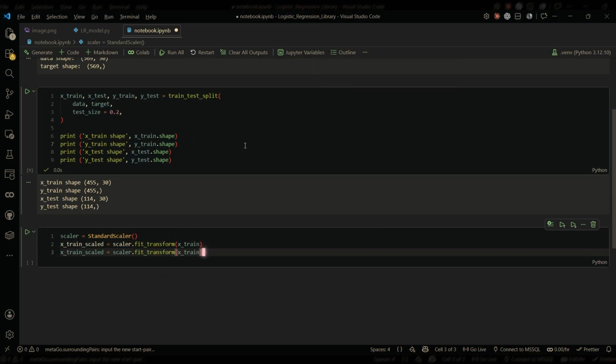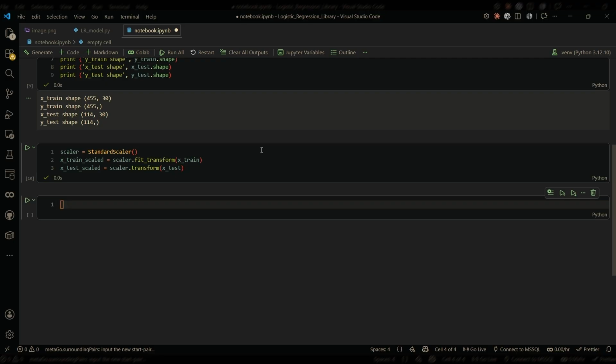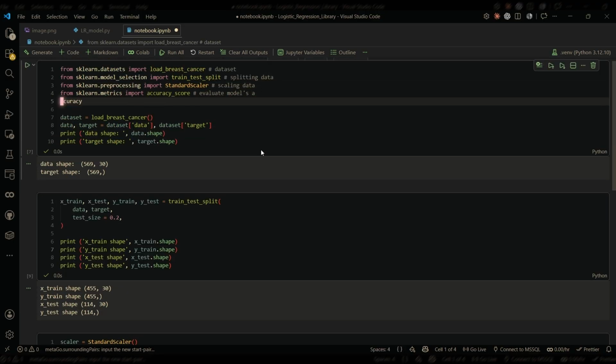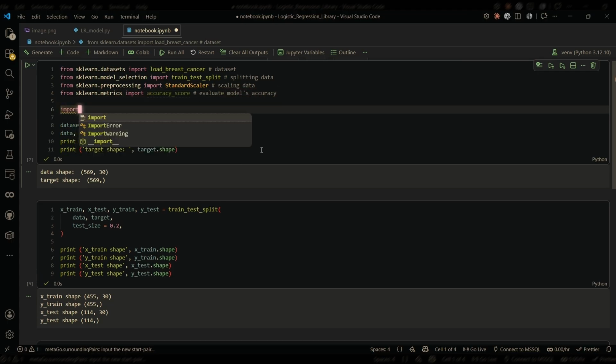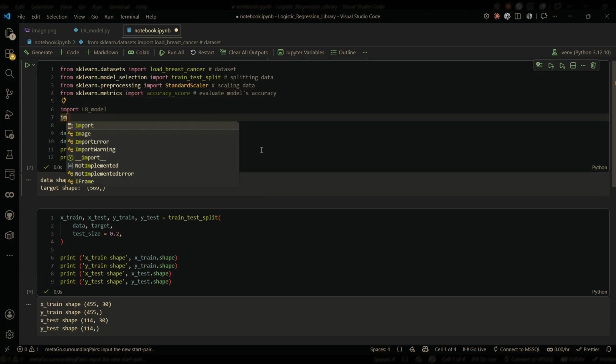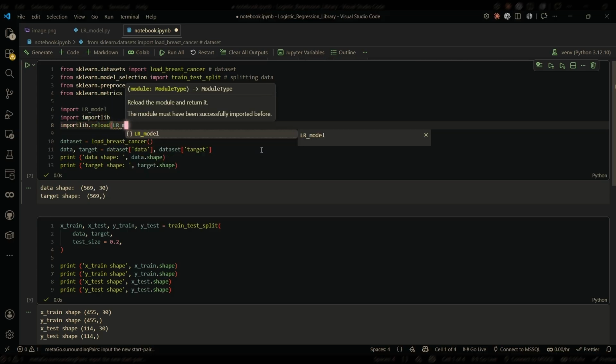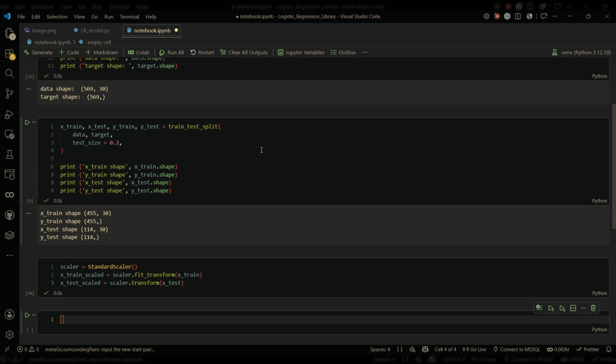The same for X test, but transform only, to prevent overfitting. Finally, we're going to test. Oh yeah, I forgot to import the model. And we're going to need importlib to refresh the model any time we change it.